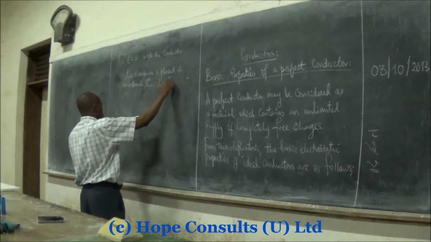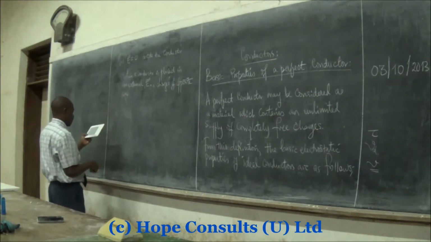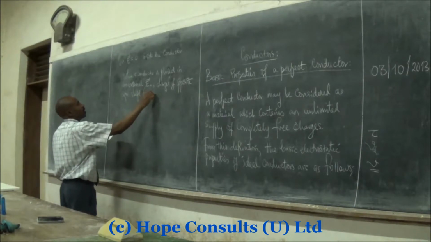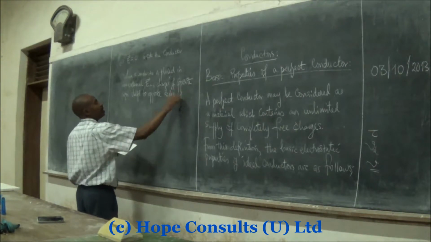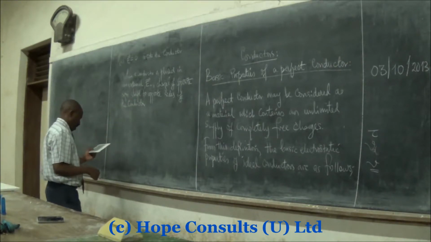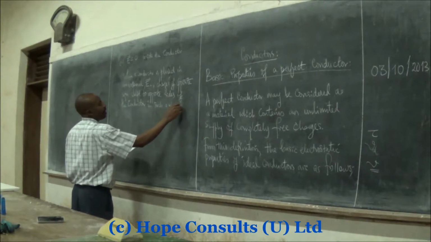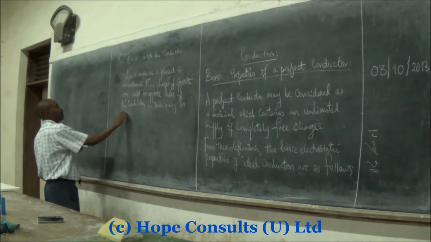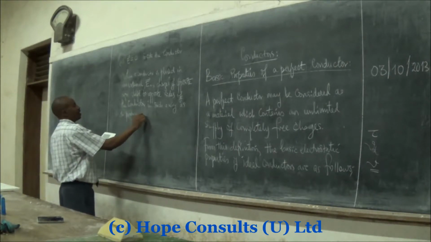So charges of opposite sign shift to opposite sides of the conductor in such a way as to produce an electric field intensity.